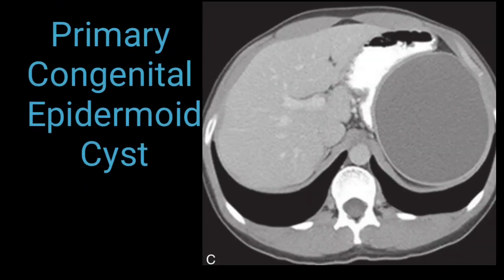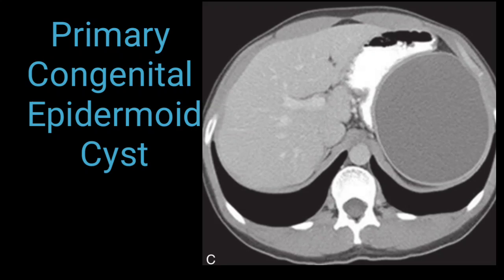It was confirmed on the CT images. A CT scan was done for that patient, which you had seen as a primary congenital epidermoid cyst on ultrasonography. On the CT images here you can appreciate a well-defined large primary congenital epidermoid cyst in the vicinity of the spleen.